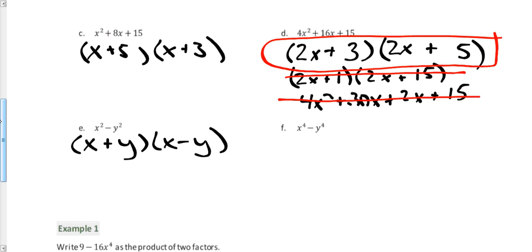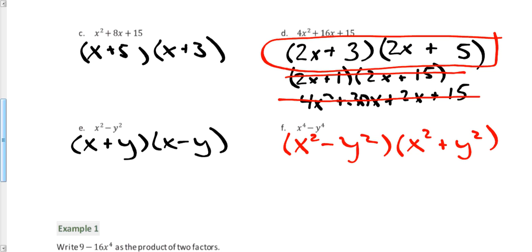We needed to do this one in 2 steps, right? So, what's my first step? Andrew, what's my first step when I break this down? This is difference of squares again, right? Right, Cam? Square root of the first term is what?